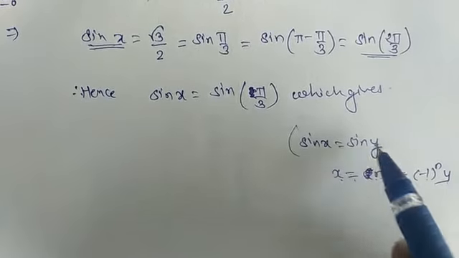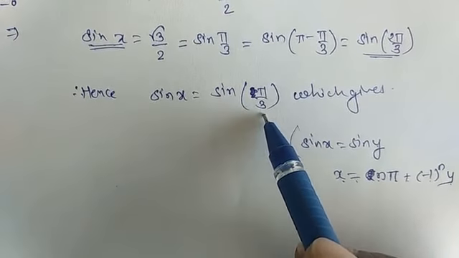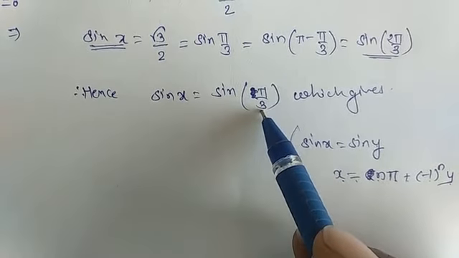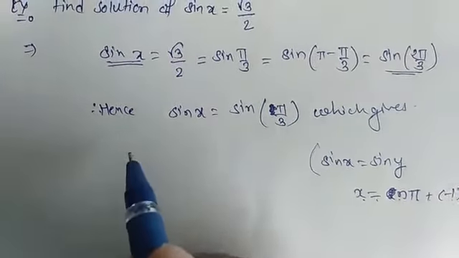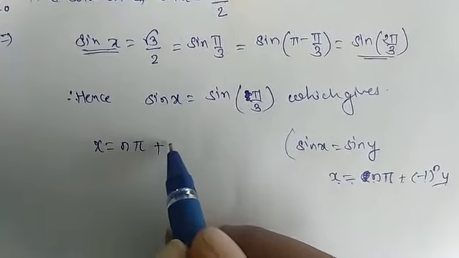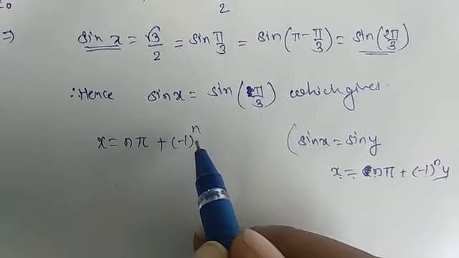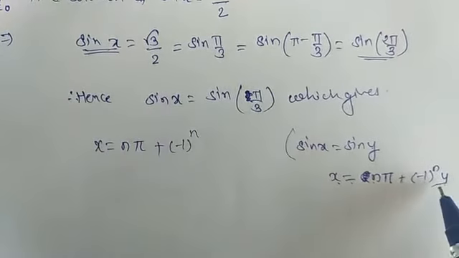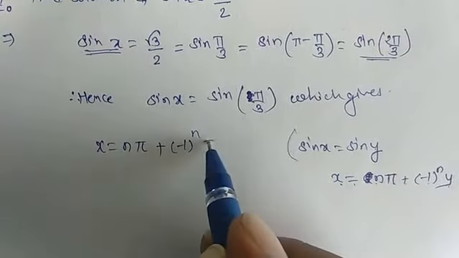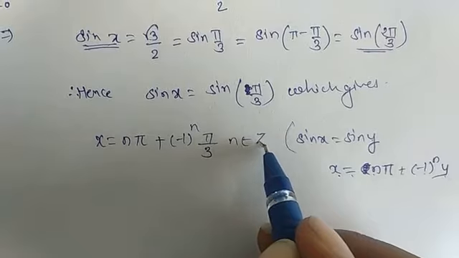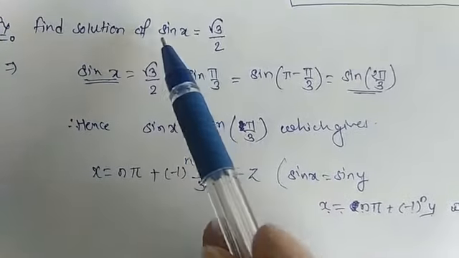Here the value of y is pi by 3. So you can write the general solution x is equal to n pi plus minus 1 raised to n times pi by 3, where n belongs to Z, which is our general solution of sin x is equal to root 3 by 2.